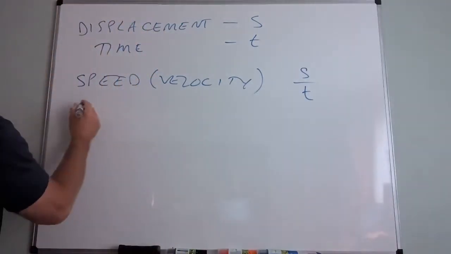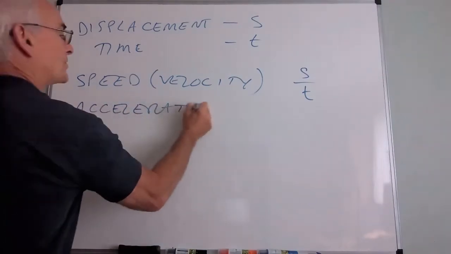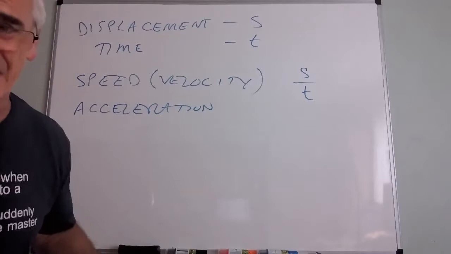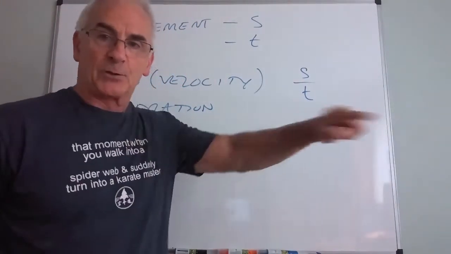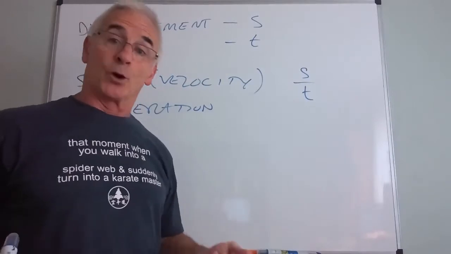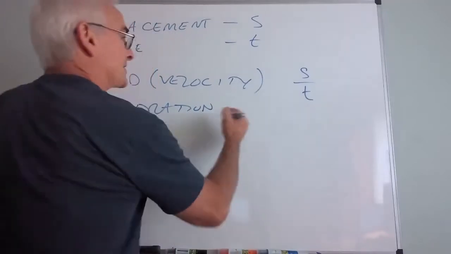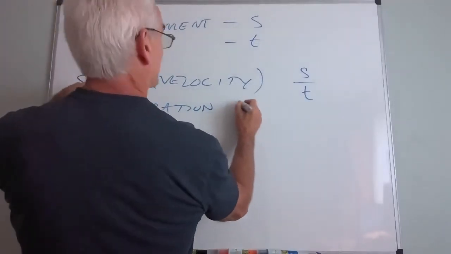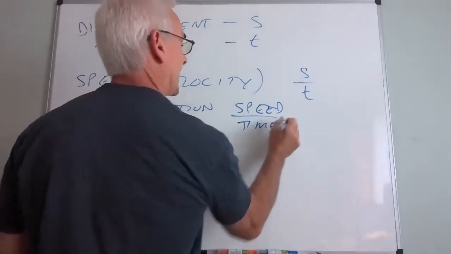So speed is this, and acceleration, which again, technically it's a vector, but in this case, when we're talking about acceleration, we're talking about acceleration in the same direction you're moving. So for example, acceleration due to gravity and things like that. And in that case, it's speed per time, okay?